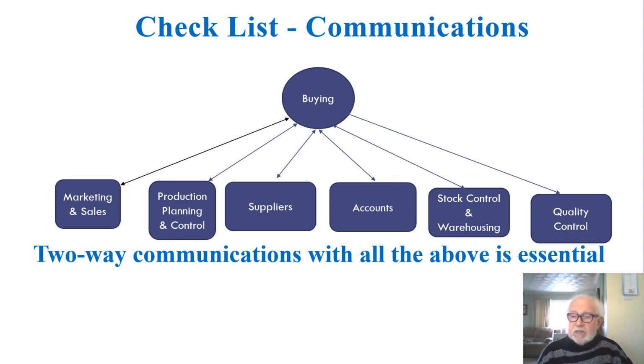Many companies have had serious problems caused by lack of or poor communications. For example, one company I worked for decided to contract out some parts that were made in-house. When the parts came in, they were correct to specification, but did not fit into the product.